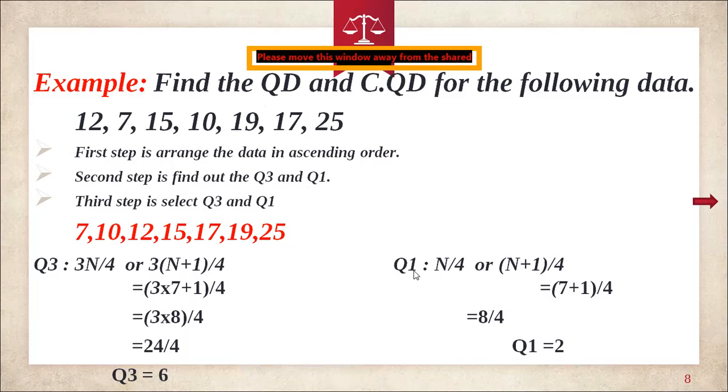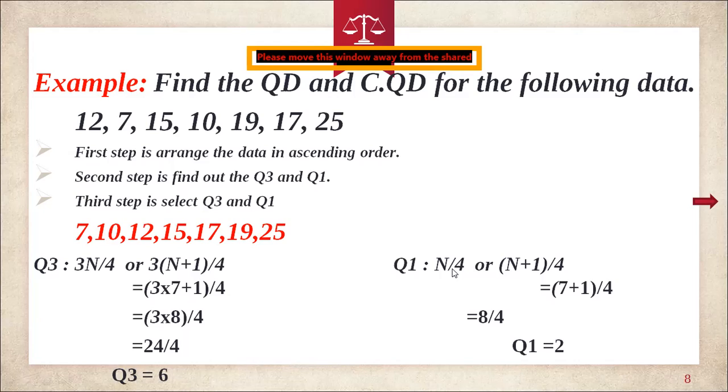So Q1, the formula is n by 4. I told you that quarter 1 is the total information divided by 4, where n is the number of observations in the particular data set. Whatever information is given, we can divide into 4 equal parts.